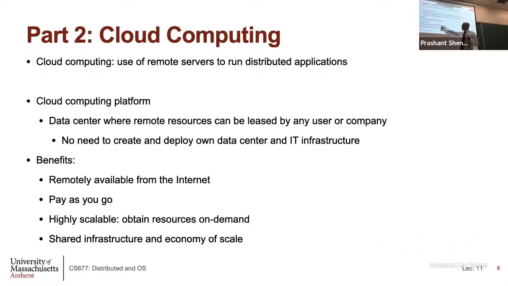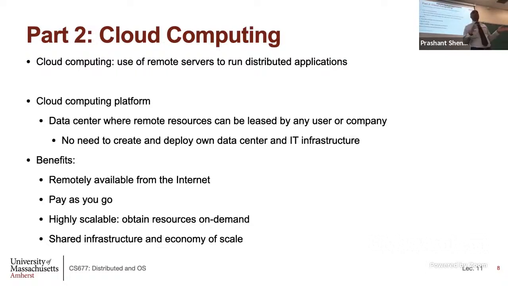Okay? It's going to be highly scalable because you can add resources on demand. If your application that's running on the cloud server gets overloaded, you don't have to go buy a new server. You just ask the cloud provider for a bigger server, and you migrate your application to the bigger server. You're done. Okay? You just pay a higher monthly bill, but there's no need to go buy a server or anything like that.